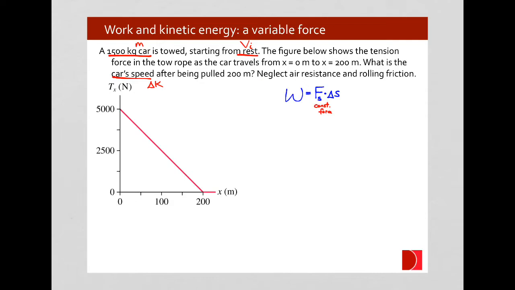When our force is not constant, we see that the tension is changing. We basically have to assume a tiny bit of work that's done over a tiny distance, and that we can assume that the force is constant over this tiny distance. In order to find the total amount of work, we have to integrate both sides.